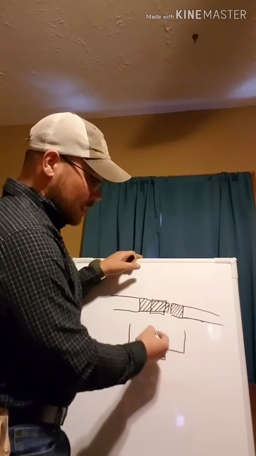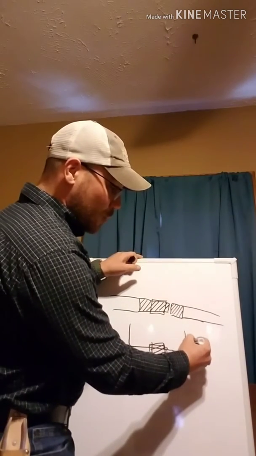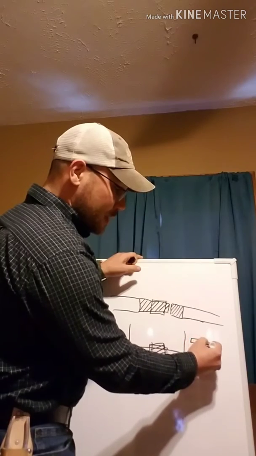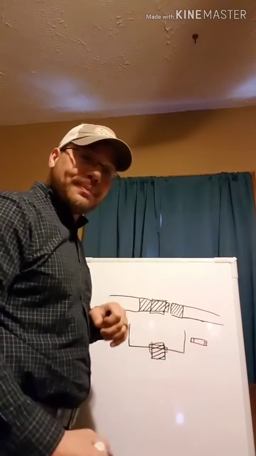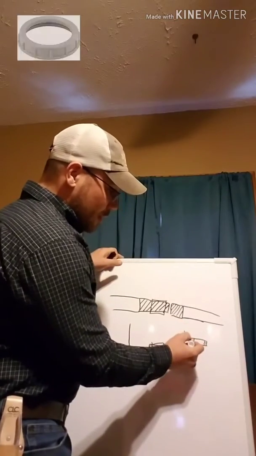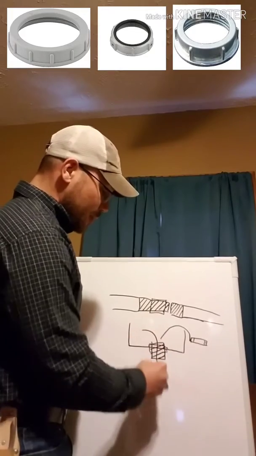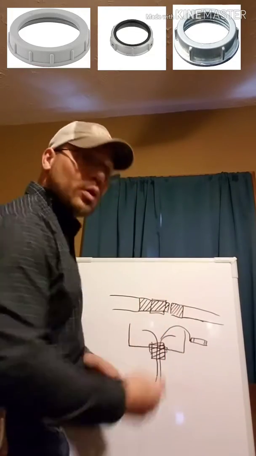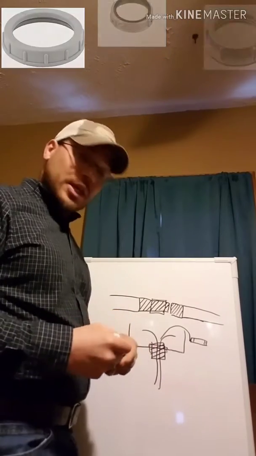If this is open threads, we have to put a bushing over top of it. And what that is, it's very simple. It's basically a threaded cap. And this threaded cap, you thread it on there, so when you pull those wires through this way and this way to go wherever they need to go, they're not going to rub up against that sharp piece of metal at the end of the threads.